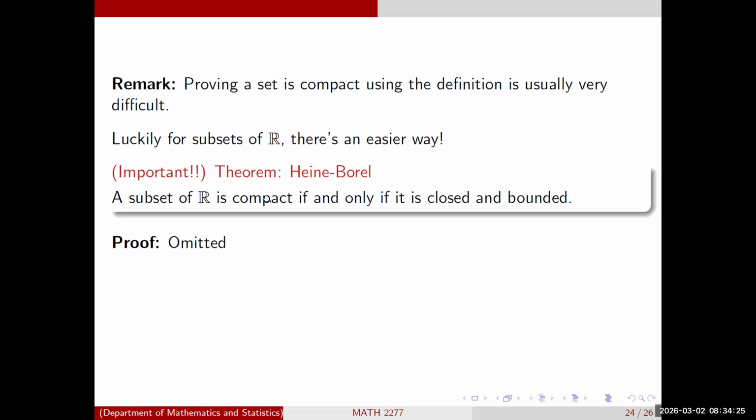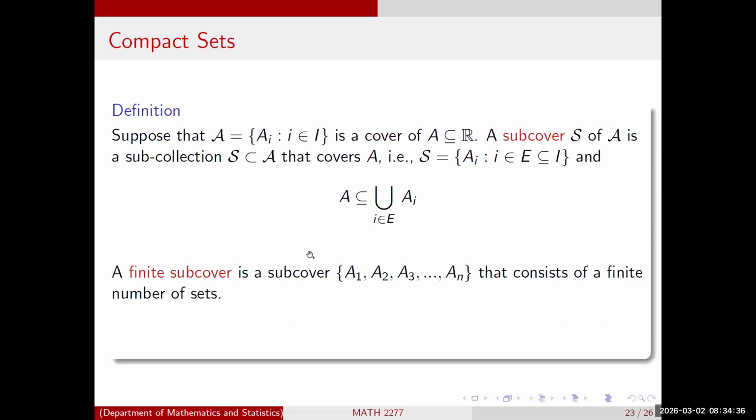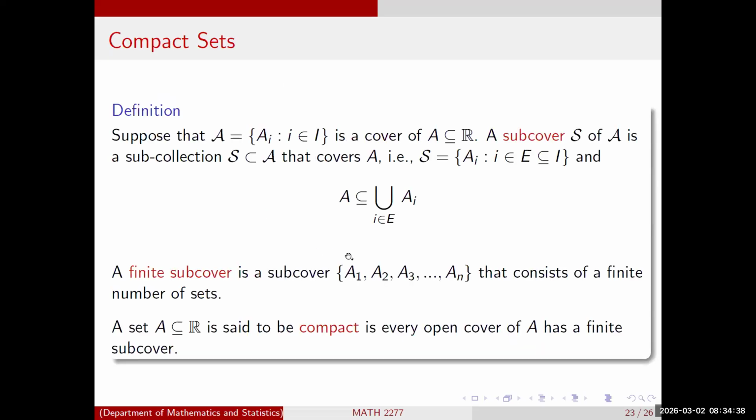So what does this mean? This means now if I hand you some subset of R and I ask you, is this set a compact set? You could try the difficult route if you want, which is to take an arbitrary open cover and try to prove that you could get a finite subcover.